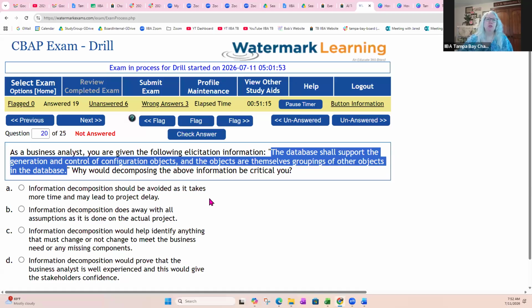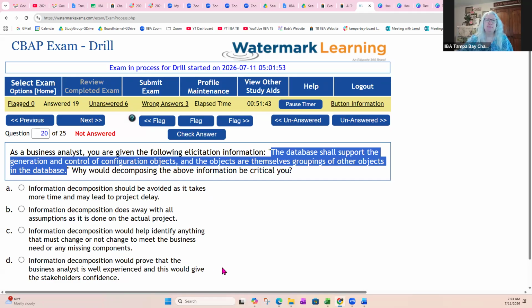Information decomposition should be avoided as it takes more time and may lead to project delay. Information decomposition does away with all the assumptions that are done in the actual project. Information decomposition would help identify anything that must change or not change to meet the business need or any missing components. Information decomposition would prove that the business analyst is well experienced, and this would give the stakeholders confidence.